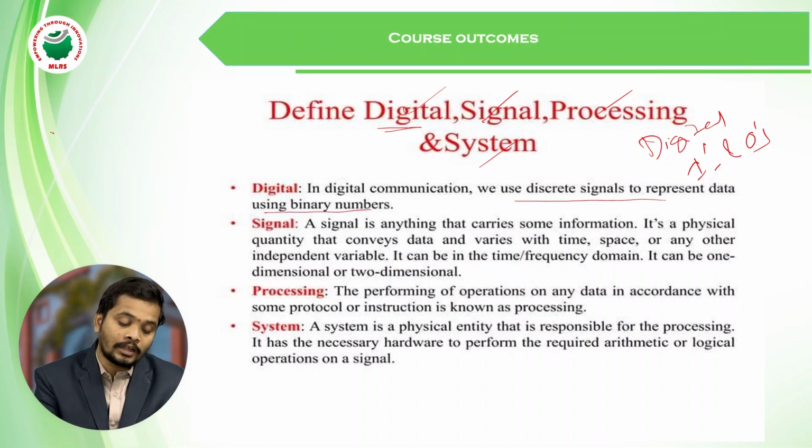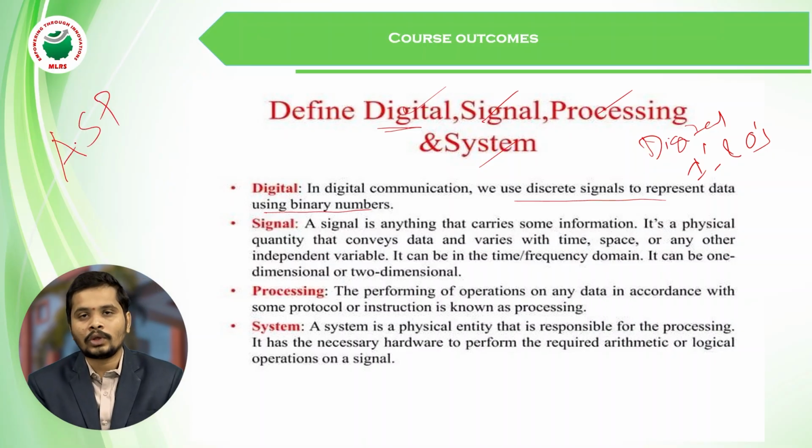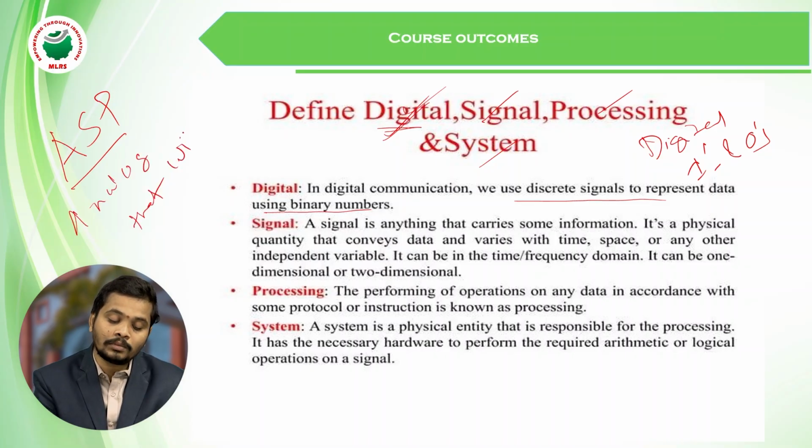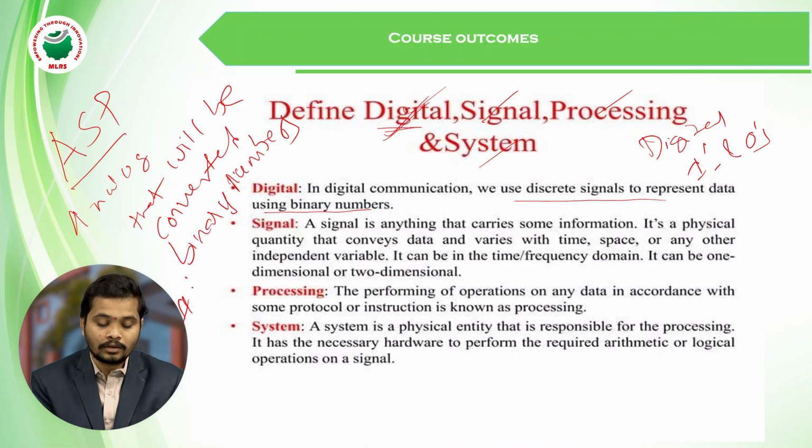You already have analog signal processing. Analog signal processing has different issues, which we will also discuss here, and that's why we are coming to digital signal processing. What is digital? The same data, whatever the analog data is, will be converted to binary numbers, that is, ones and zeros.